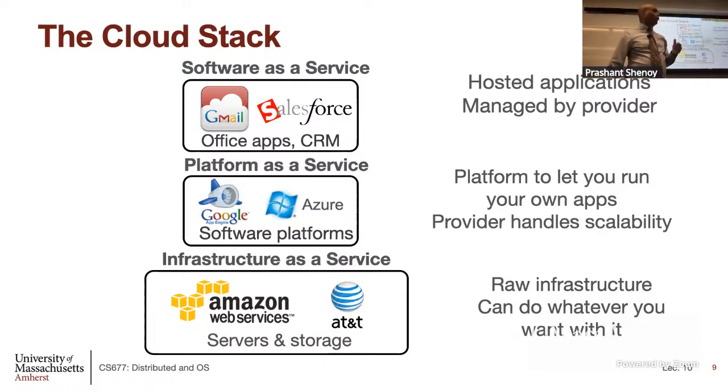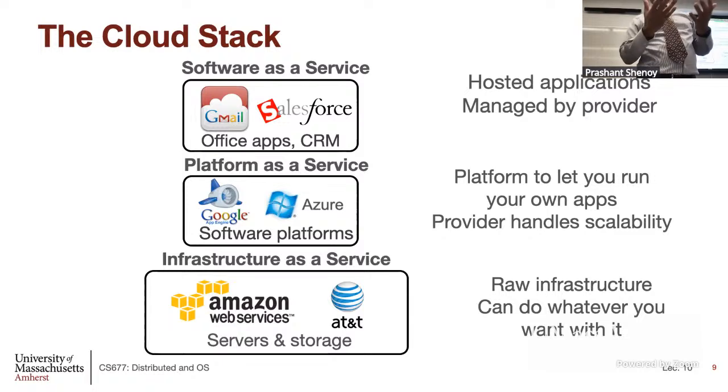So how are they different? What is different across them is the core block of resource that you actually get from the cloud provider. In an infrastructure as a service cloud, you go to the cloud provider and ask for servers and disk space. You will get a virtual machine, you will get disk, and then you as the user of that virtual machine can deploy whatever you want in there.